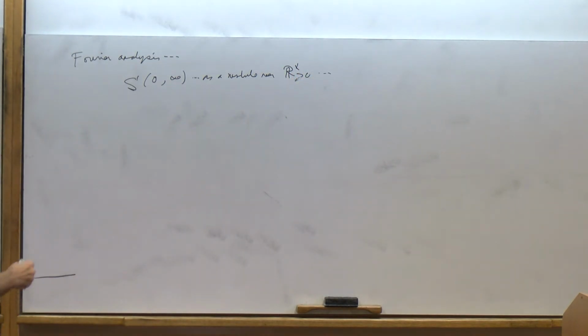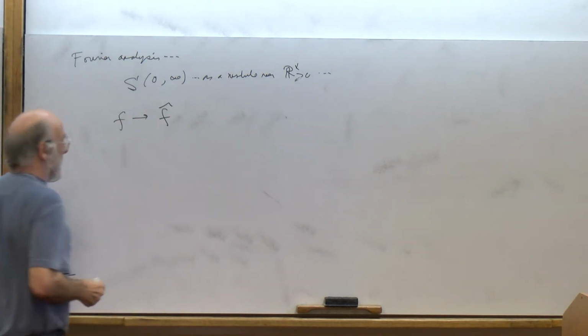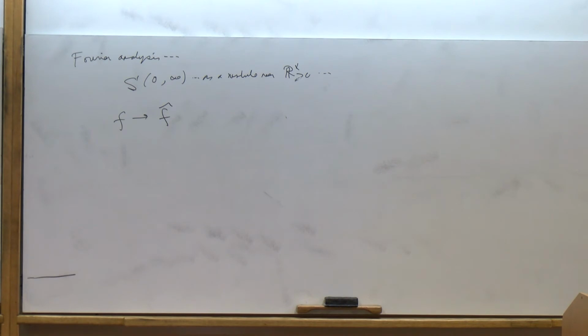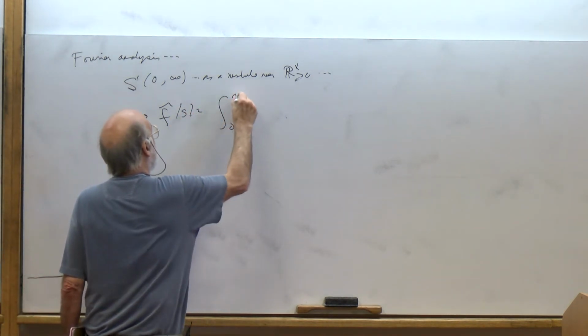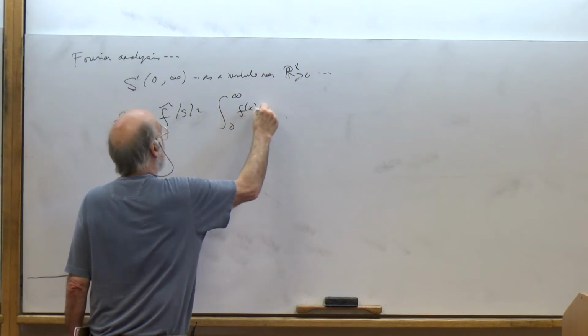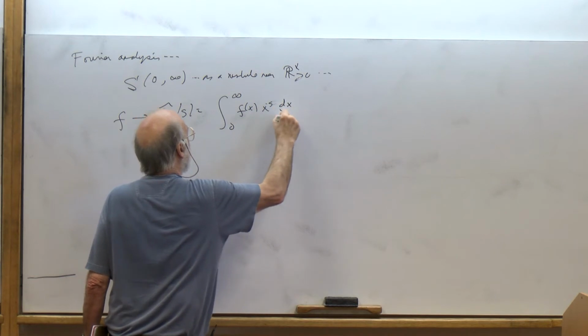Okay. So I take f. Now to make critics unhappy, I will again put a hat on something, but this time it means Fourier transform. I should actually put minus s here, but I'm going to put this, it's the Mellin transform.